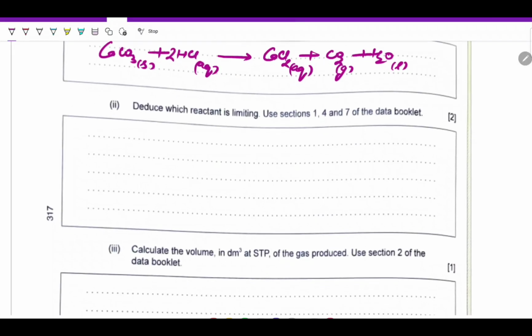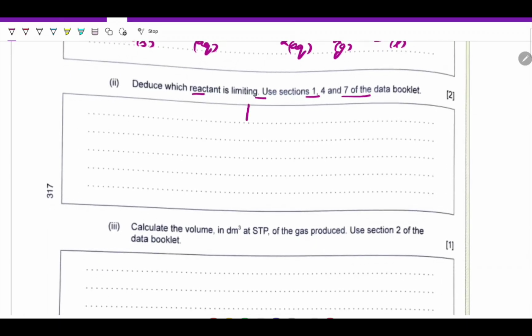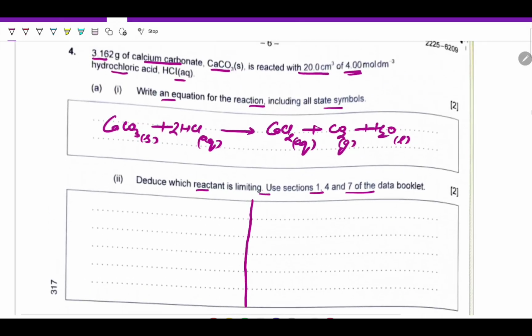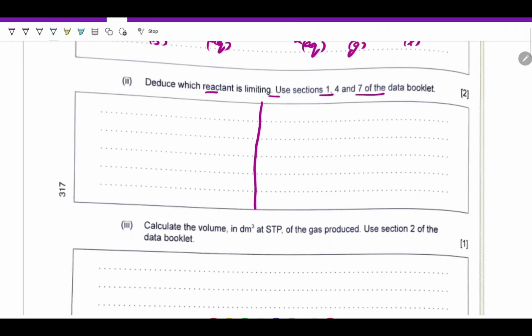Next question. Deduce which reactant is the limiting reagent using section 1 of the data booklet. Okay. Now, in order to find out the limiting reagent, I should have the moles of both CaCO3 and HCl. So I will find the moles of CaCO3 first.